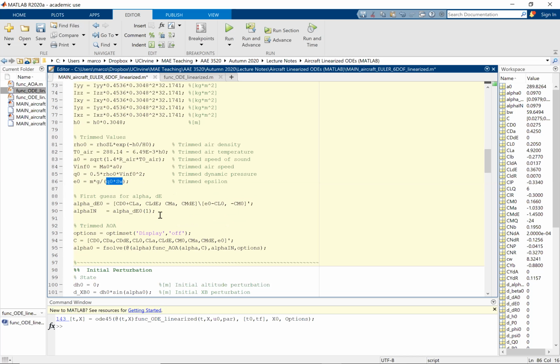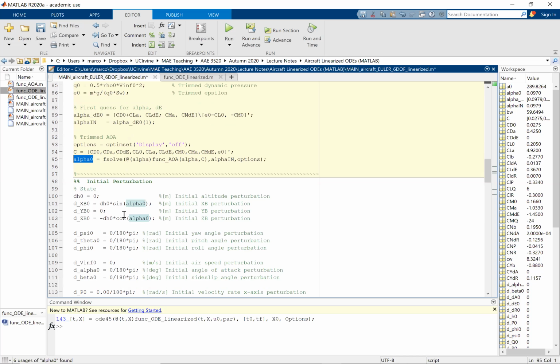As usual, we find our trimmed angle of attack by first solving a linear system and then using the solution of the linear system as the initial condition for our fsolve function that solves the nonlinear equation in the angle of attack alpha. So we find alpha 0, or our trimmed value for alpha.